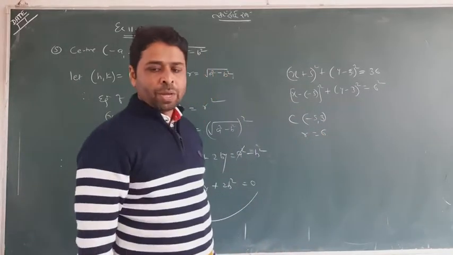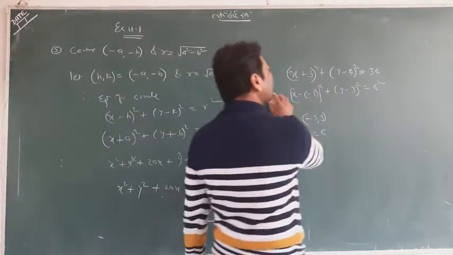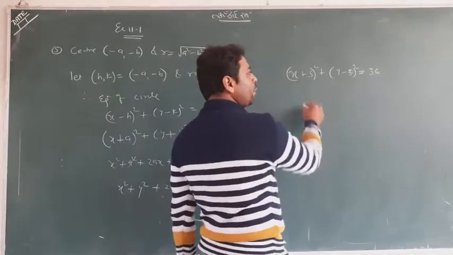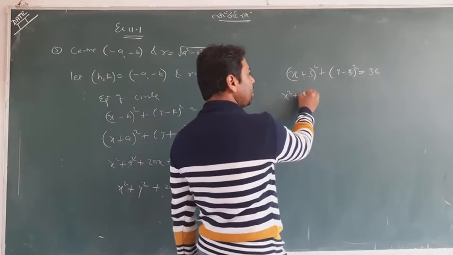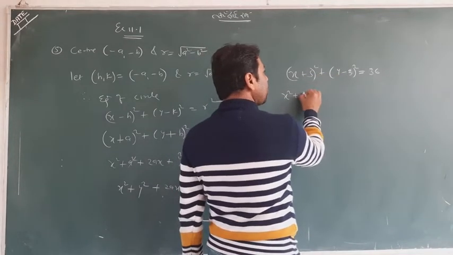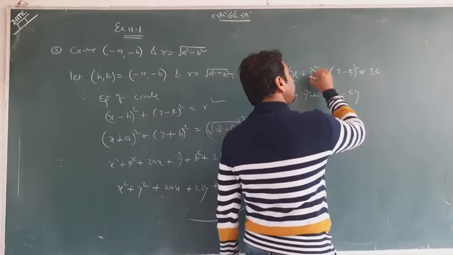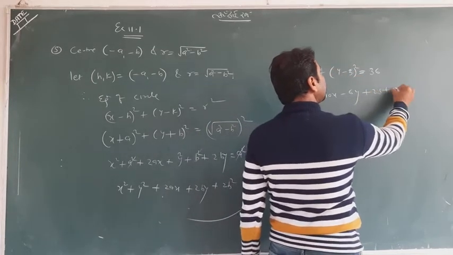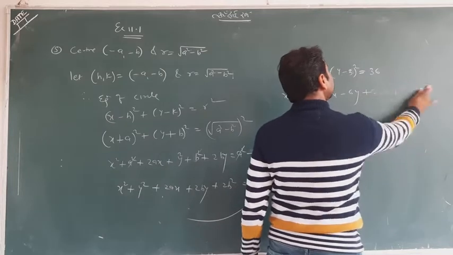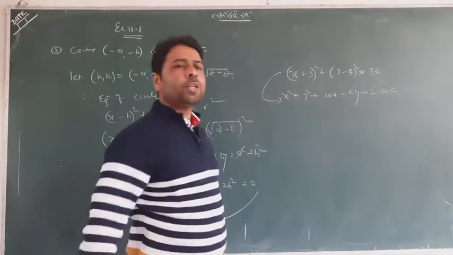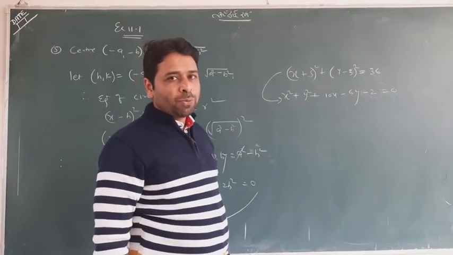This is the answer. But if you don't remember the method, I have one more method. This is your equation, you can open it: x square plus y square plus 10x minus 6y plus 25 plus 9 equal to 36, meaning minus 2. So I opened the whole equation and we have got the general equation, and you know what to do.